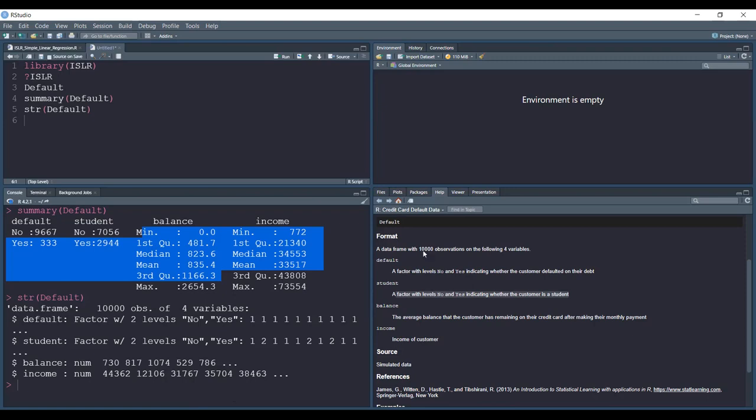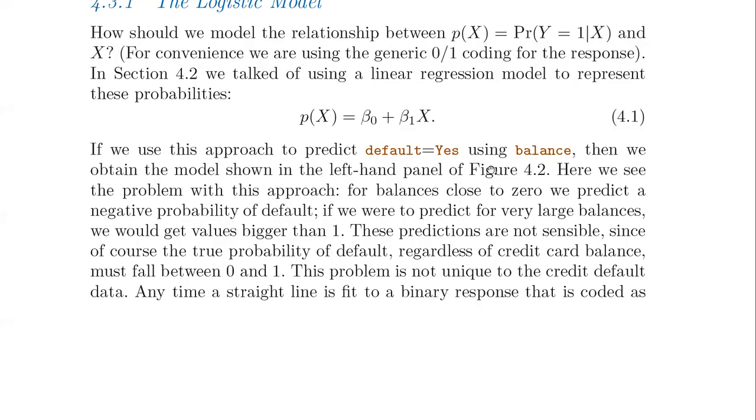So that's a default, and we're trying to relate it to the balance. The balance is a measure of the size of the credit card debt in the specific data set. So for balances close to zero, we get a low probability of default.